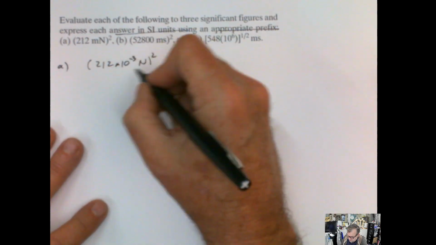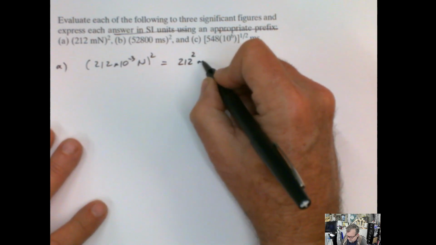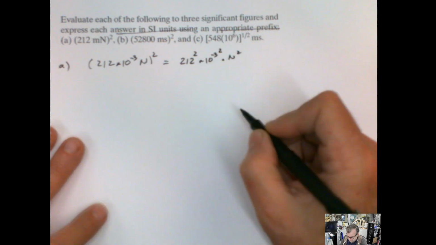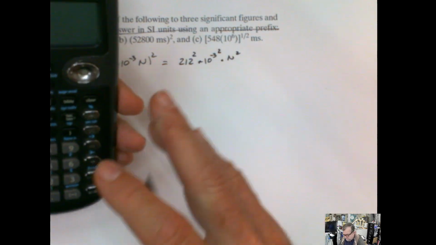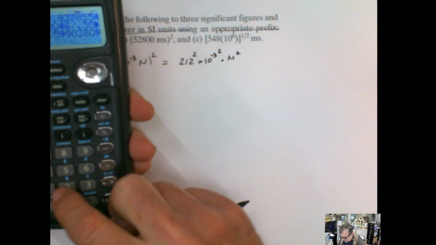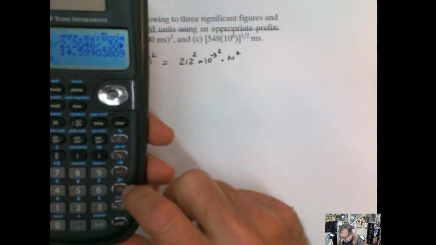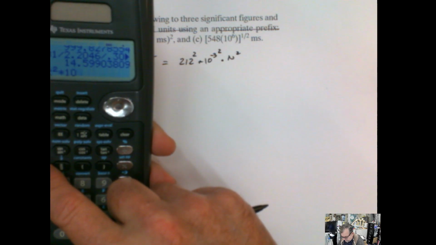So basically, when you solve this out of the parentheses, you have 212 squared times 10 to the negative 3 squared times newton squared. The only thing you have to do is put that in the calculator. So 212 squared times 10 to the negative 3 squared.